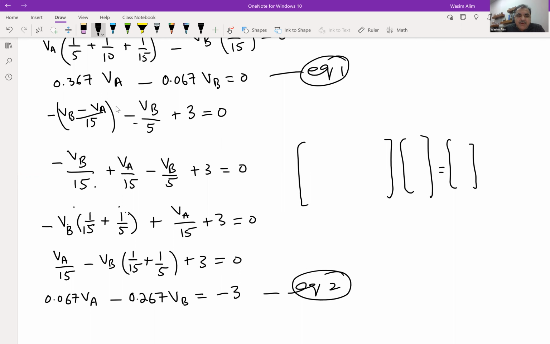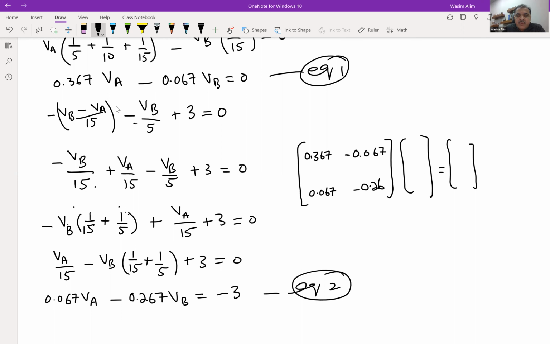So here I have 0.367 as the first coefficient, and then we have 0.067. It's a negative number, by the way. This is from equation number 1, these two values. From equation number 2, I have 0.067, and then from the second one I have 0.267.